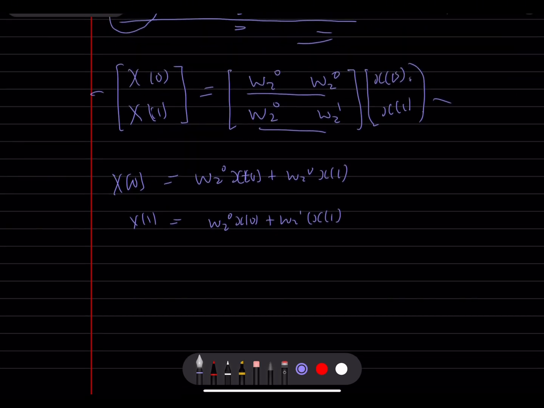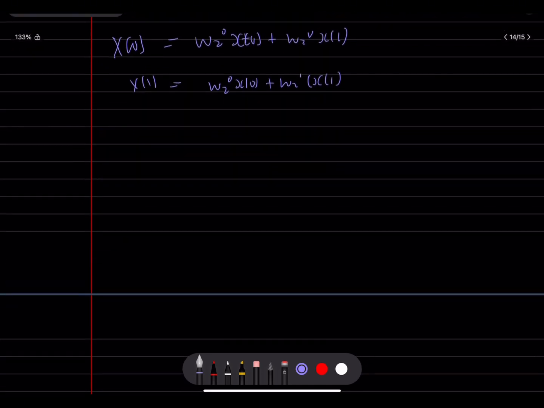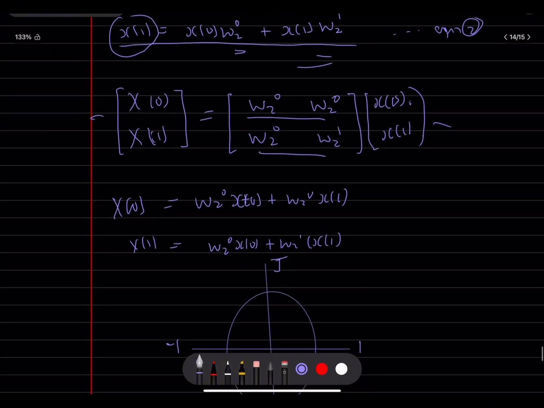So now, since we have this equation, we will draw the Cartesian plane, the complex number plane, right? For the complex number plane, the vertical axis represents the imaginary axis, which is negative j and j. And then the horizontal axis represents the real number axis, which can also be written as 1 and negative 1. And looking at our previous calculation in my previous tutorial, anytime that you see exponent of 0 is given as a value of 1, right?